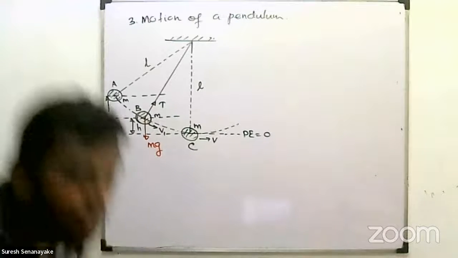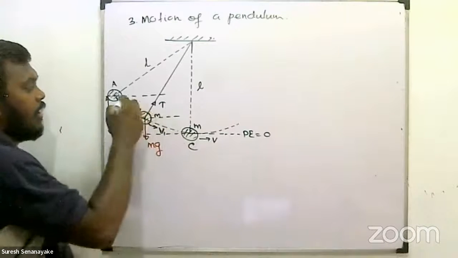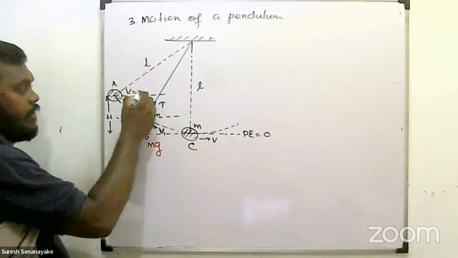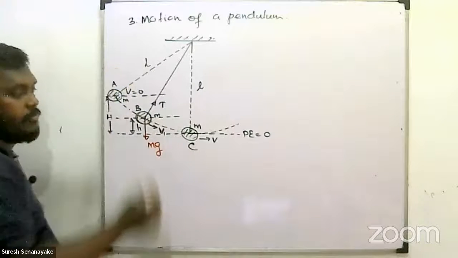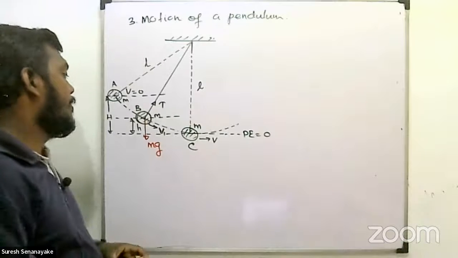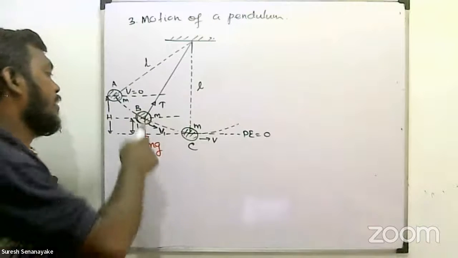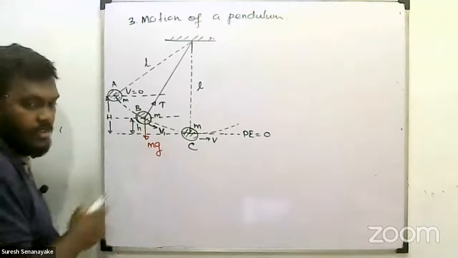Here the velocity v1 and this side the v, and initially there is no velocity, we can raise it up to this point and then release, right? In this system, the forces acting on this body during its motion are the weight of the body and the tension of the string.